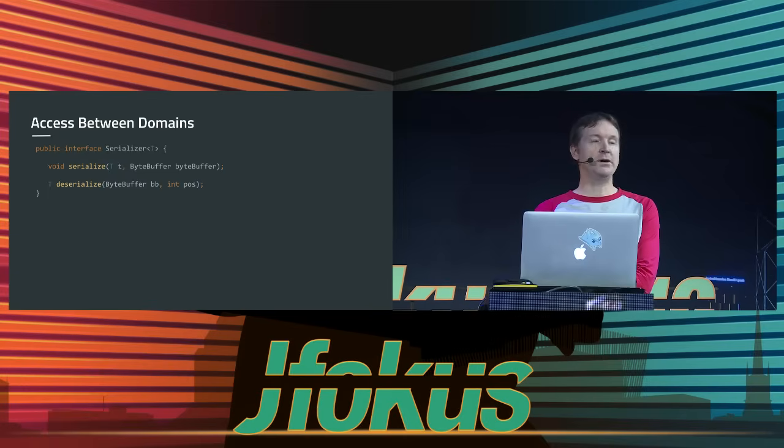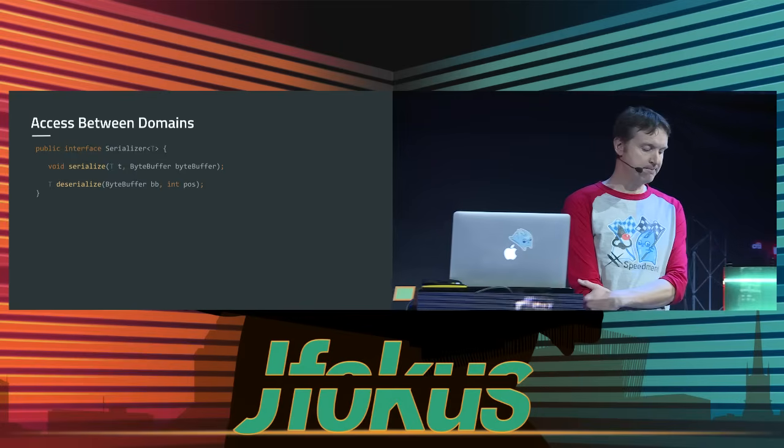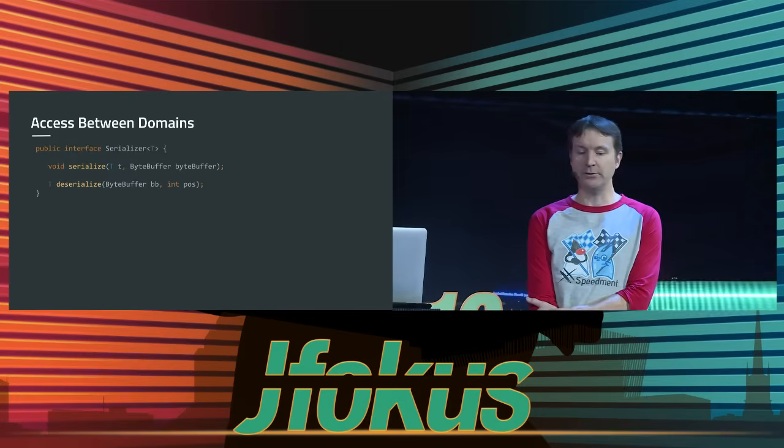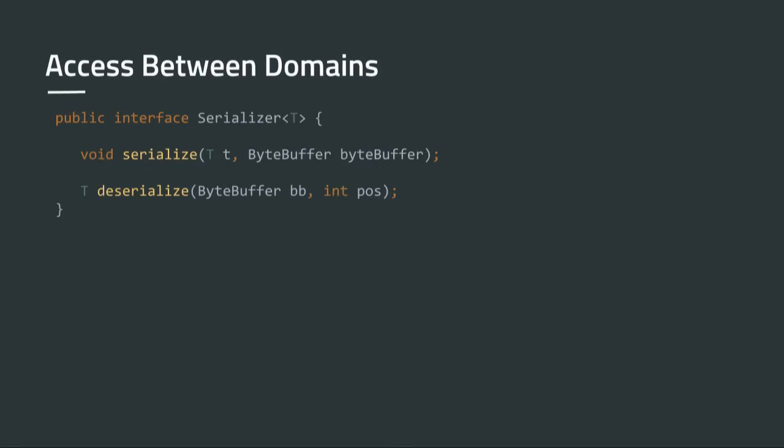Having allocated memory isn't enough. We must also be able to use it. And when we use off-heap memory, we often use something called a serializer. A serializer can write and restore objects from off-heap. So it serves like an intermediary object. So in this very simple case, we have a method called serialize, which takes something of type T and flattens it out in the ByteBuffer, and as a side effect, changes the ByteBuffer's position.